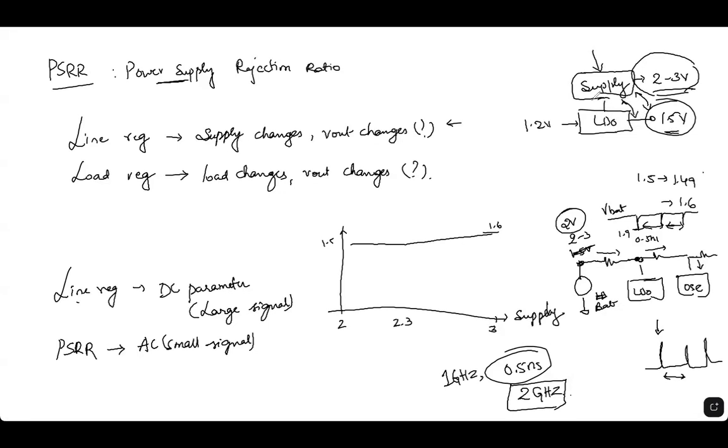When I say coupling, a part of the supply will also appear at the output of the LDO. Now, is it desired? No, it is not. We want to make sure that irrespective of the supply, our LDO output is always clean and we always get 1.5. It has to be a constant voltage throughout.